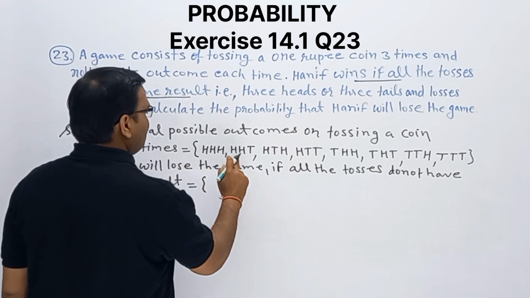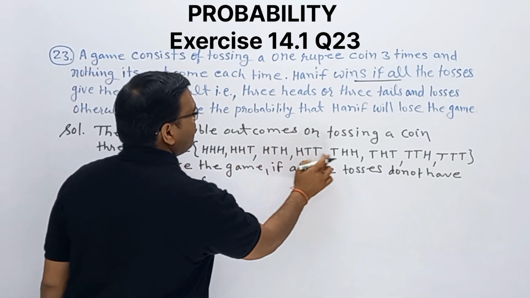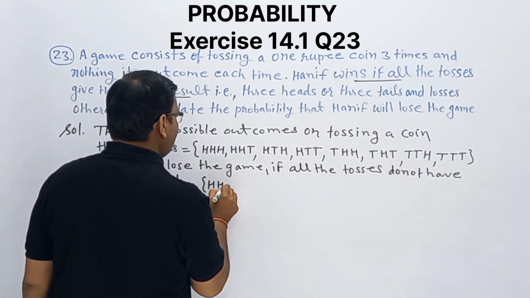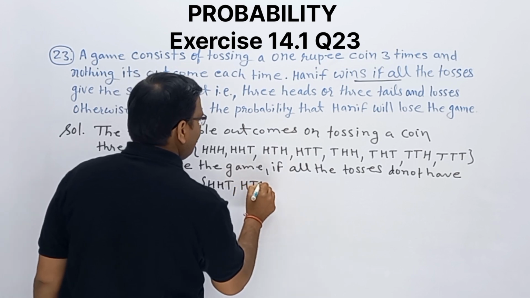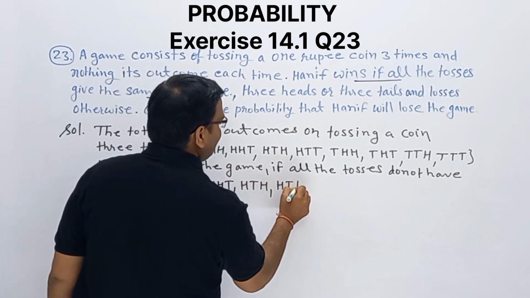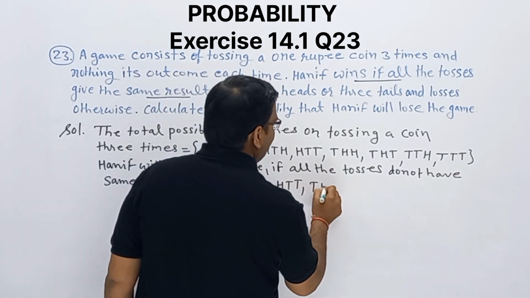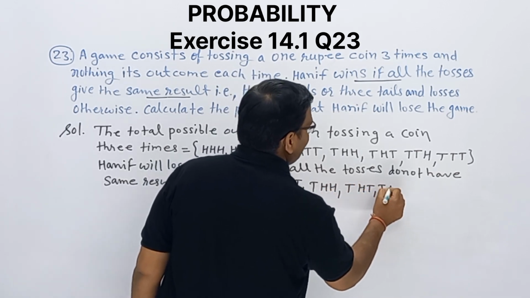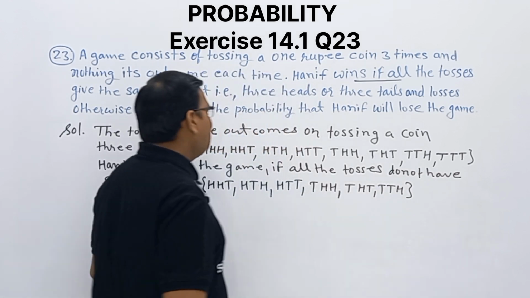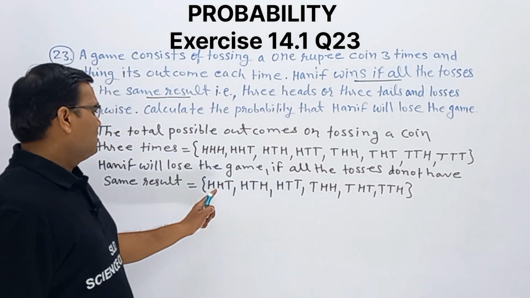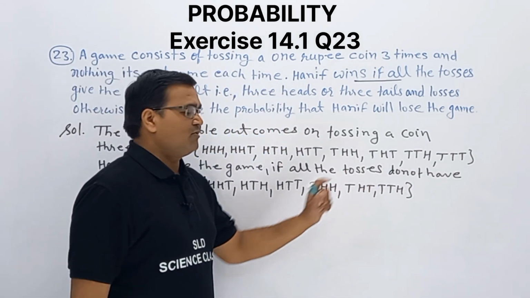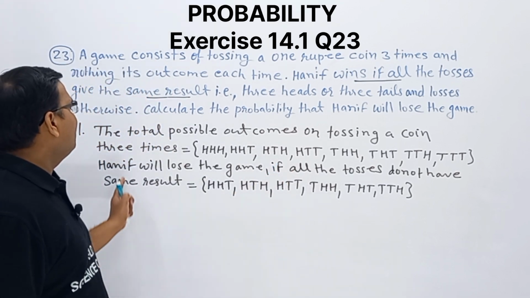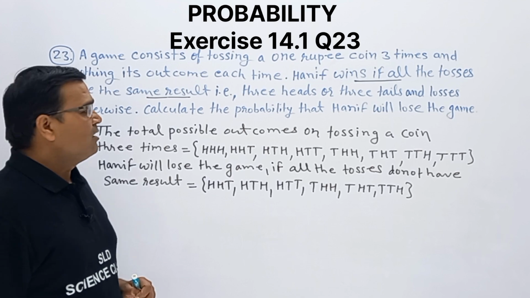The outcomes will be these 6: head, head, tail; head, tail, head; head, tail, tail; tail, head, head; tail, head, tail; tail, tail, head. These six situations. Once we are getting these 6 situations, then Hanif will lose the game.